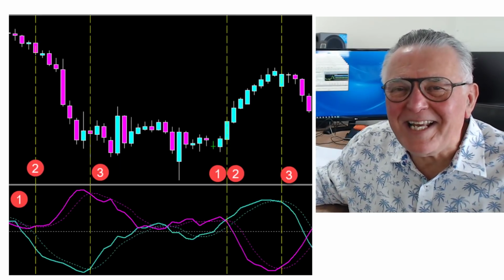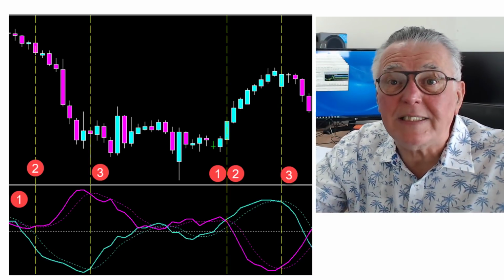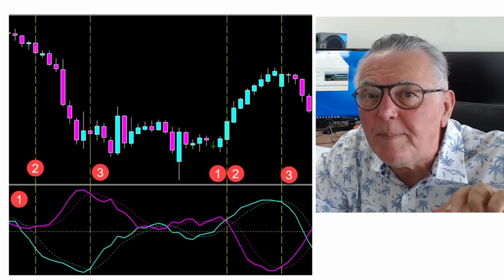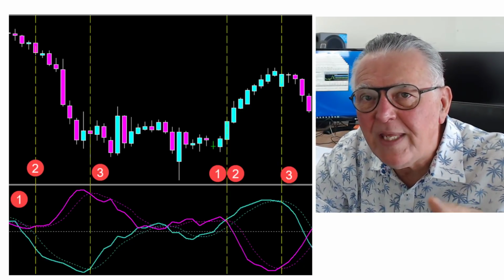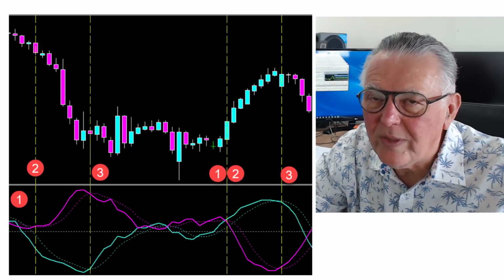Okay, so here's the indicator. It's called the base quote analyzer, because that's what it does. It analyzes the difference between the base strength and the quoted currency weakness, or the other way around.